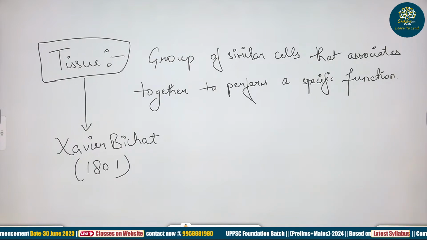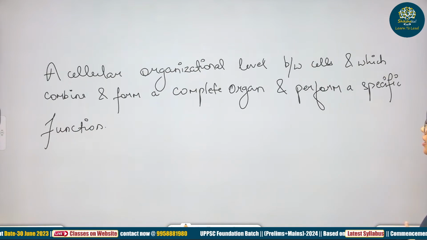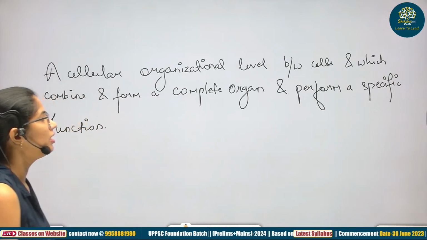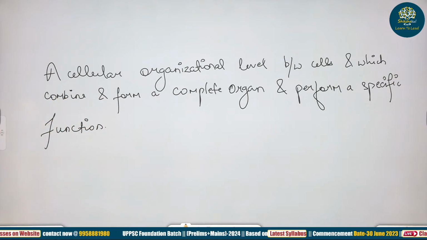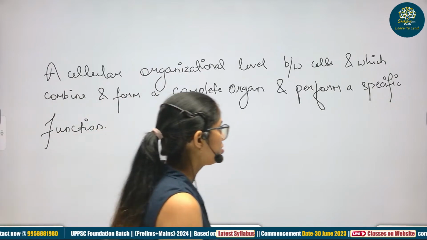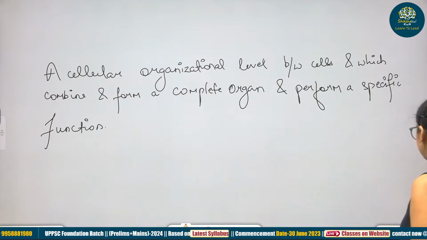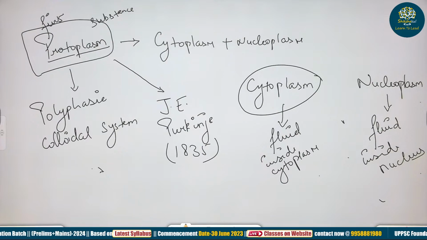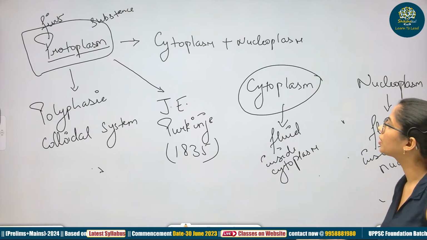Xavier Bichat in the year of 1801. In other terms, it is a cellular organizational level between cells, which combine and form a complete organ to perform a specific function. So cells combine and form an organ. Another topic is protoplasm. It is a combination of both cytoplasm and nucleoplasm.